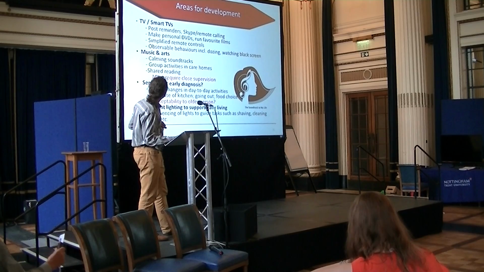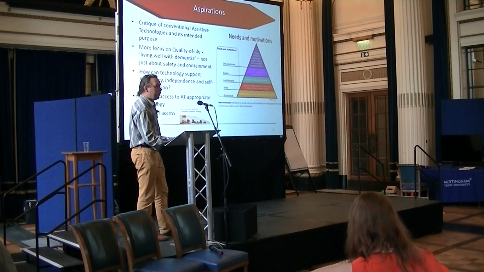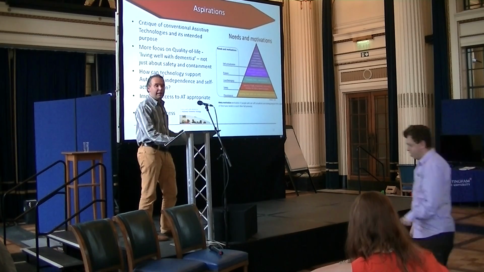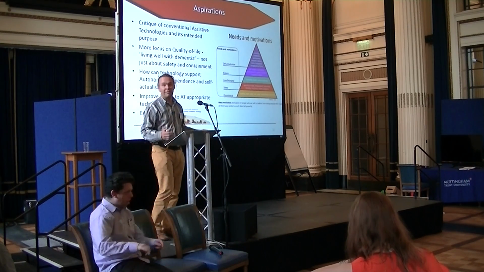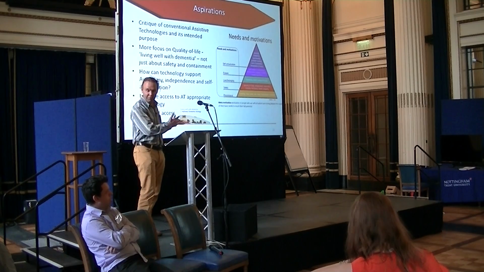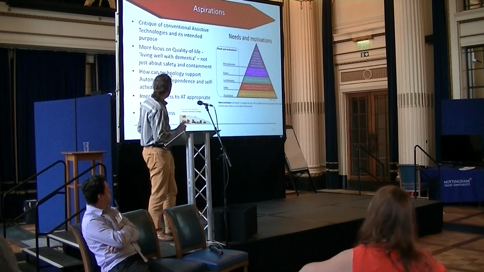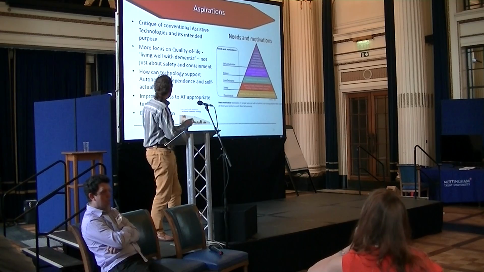Okay, so nearly at the end. This is really where we're coming from: so much assistive technology is portrayed in quite a negative way, and dementia is seen in quite a negative way. The technology is all about safety and containment, but if you see the potential for the technologies I've described, there's so much more that can be done. We can talk about autonomy and independence and self-actualization.